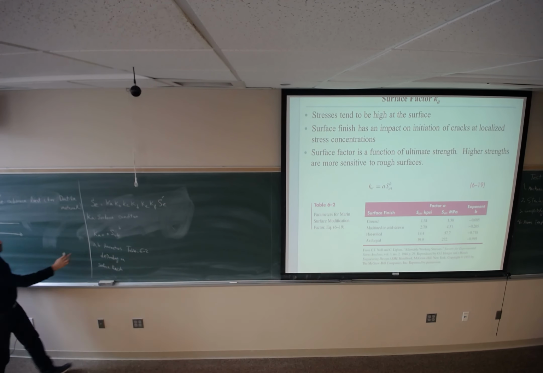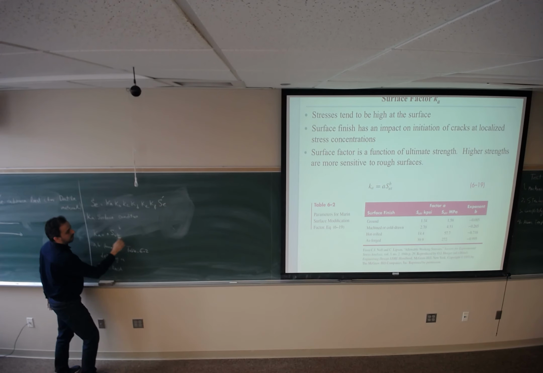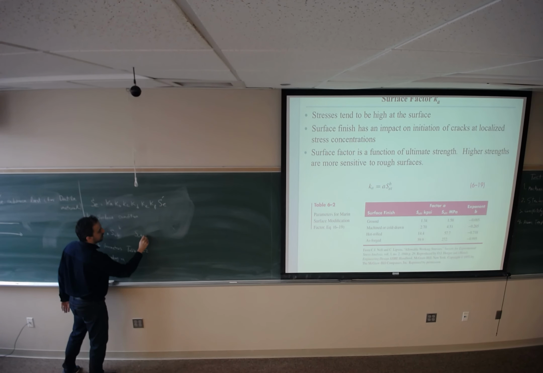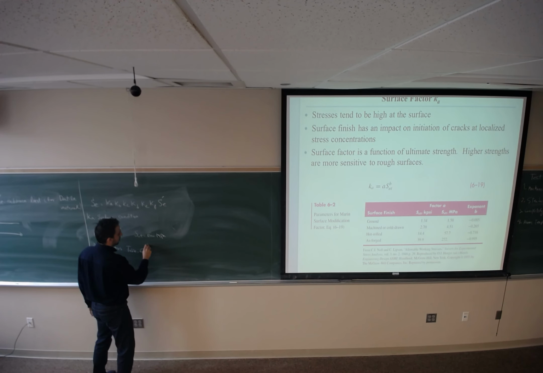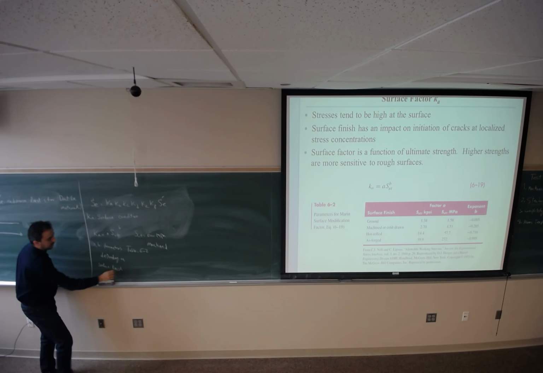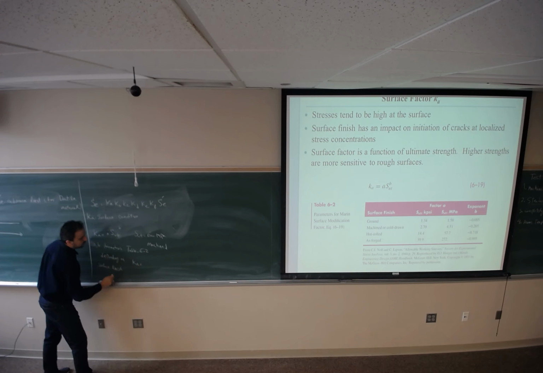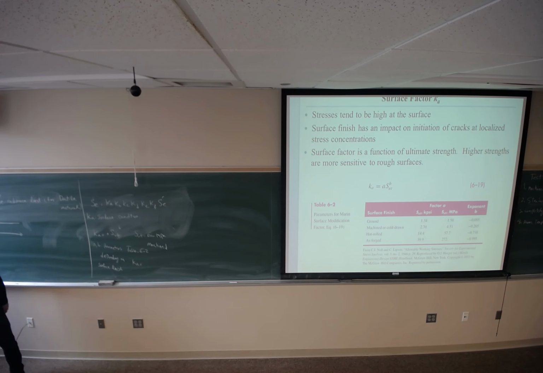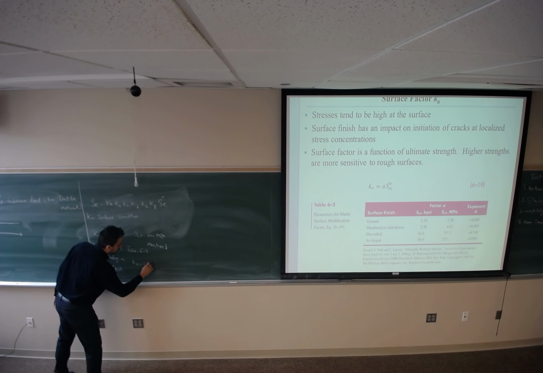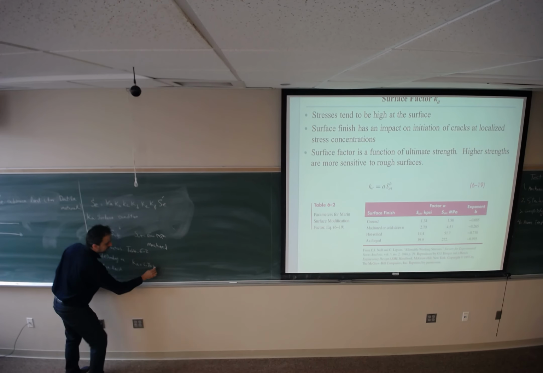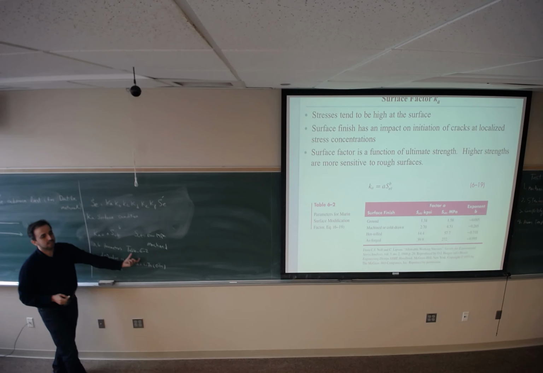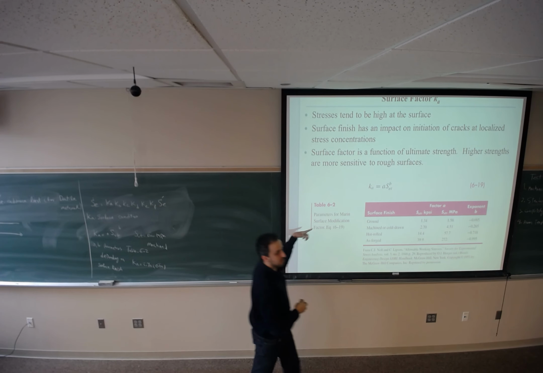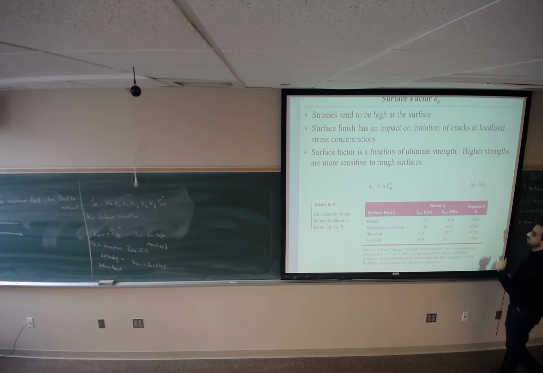And one thing that you should know: suppose S ultimate is 600 megapascal and it's machined. When you want to plug in a, b, and Ka, a is going to be 4.5 for machined. S ultimate, this is the point, you should use S ultimate in megapascal.